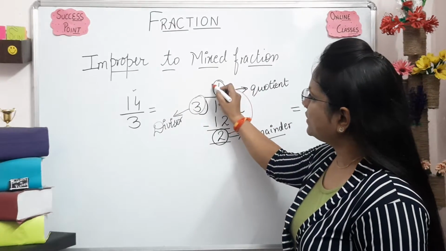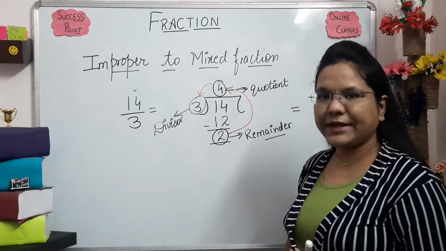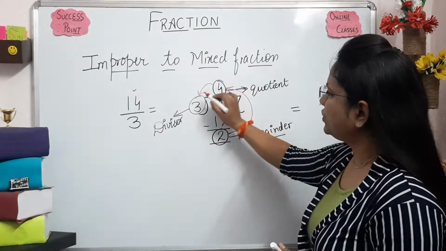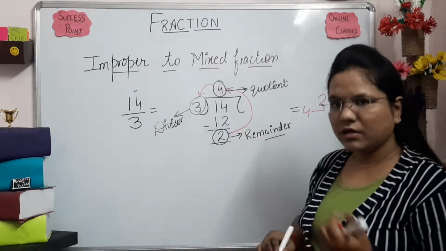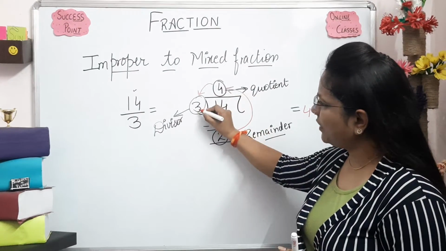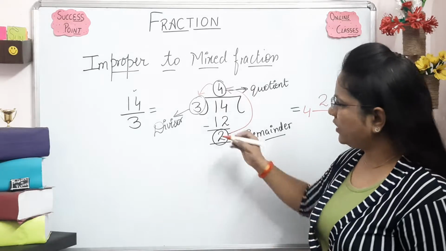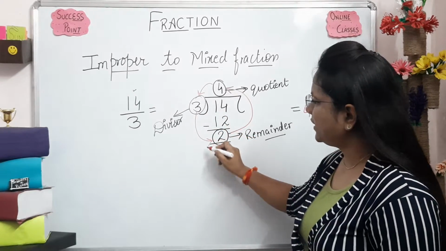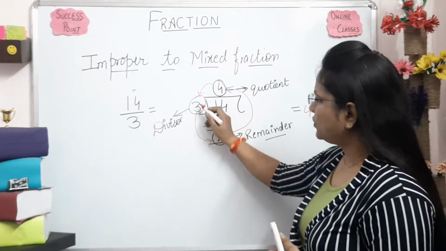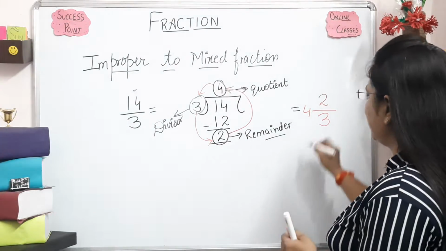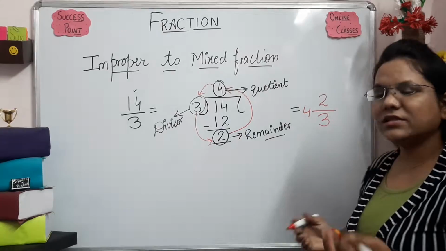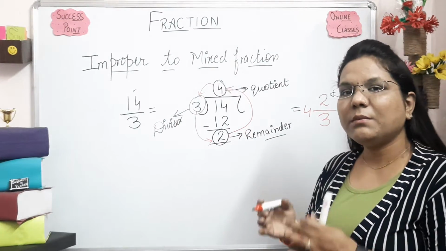The quotient we will take to the side. Now if the quotient comes here, what about 3? 3 will move down. So what is the fraction? 4 2 by 3. This is our mixed fraction.